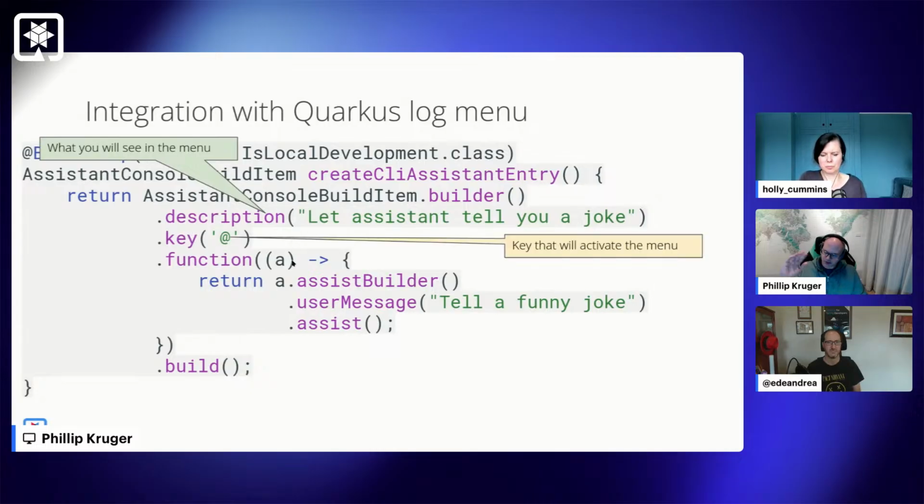The key is also the same. But then the function will pass in the assistant, where the console function wouldn't do that, right? And now you have the assistant, and the assistant has this builder. We'll get into that a bit more later, but just a really basic one will be a user message that says tell a funny joke.